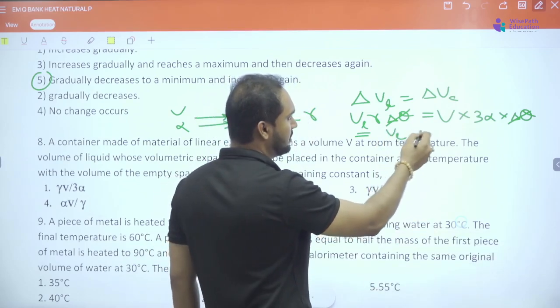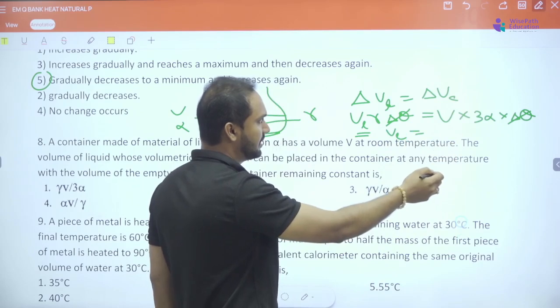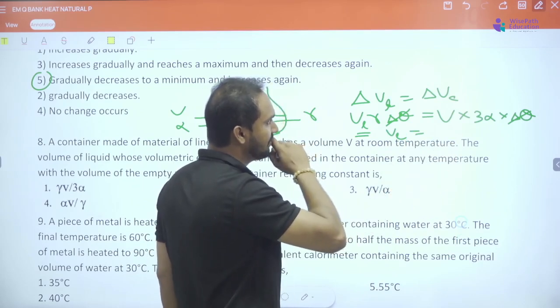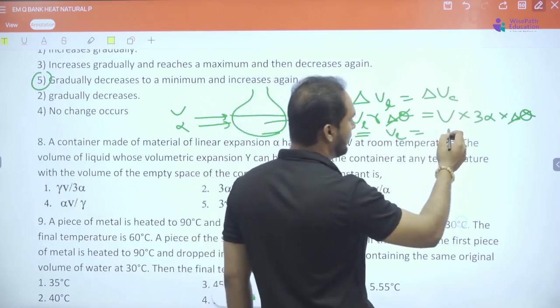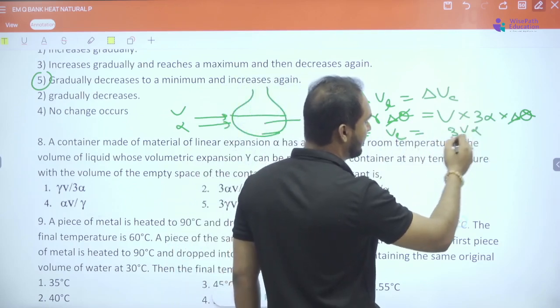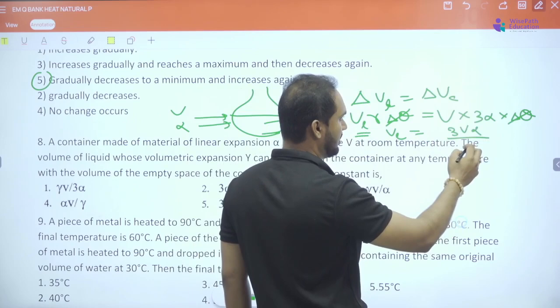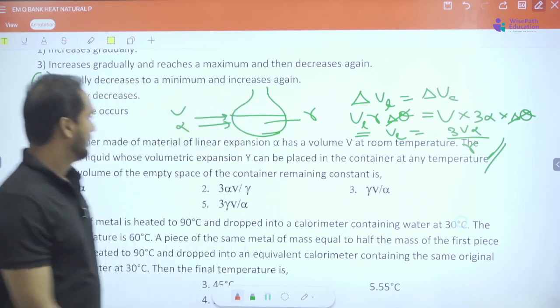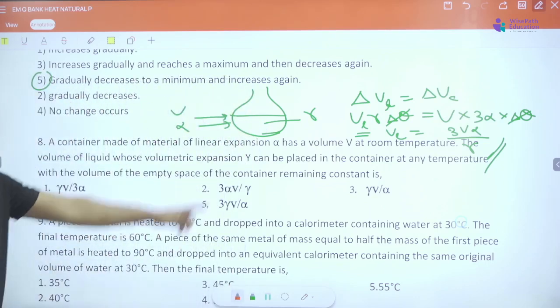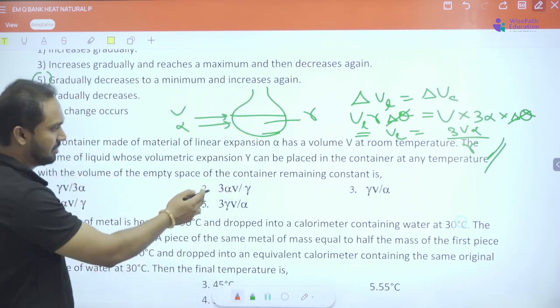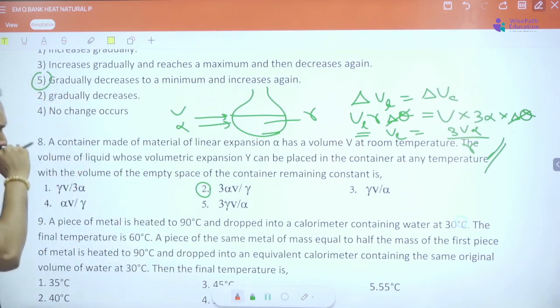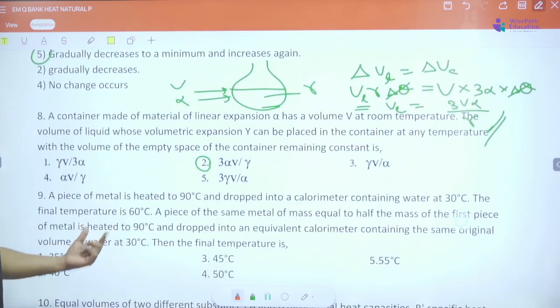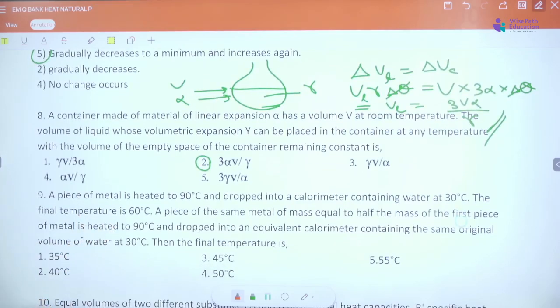So VL should equal 3 times alpha V divided by gamma. Right? That should be the answer. Yeah.